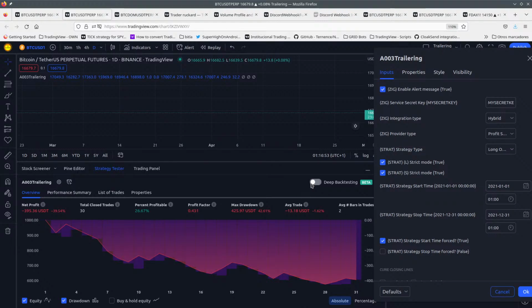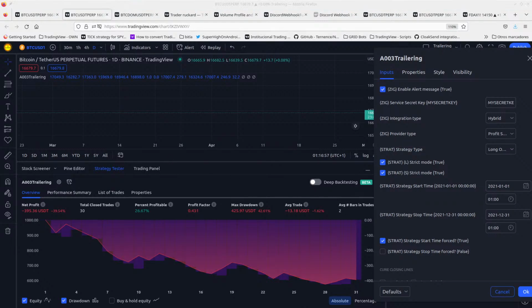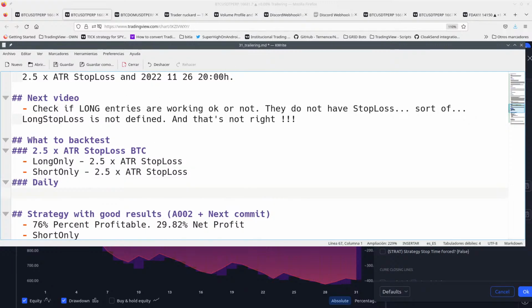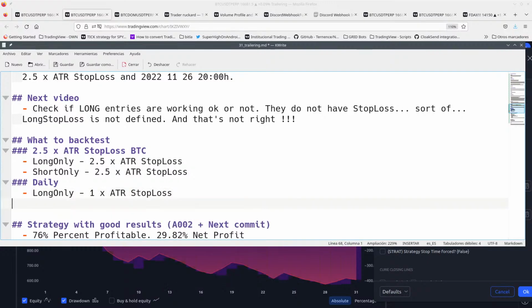Let me write this down. So it should be something like, okay, so daily, long only 1 ATR stop loss and short only 1 ATR stop loss.